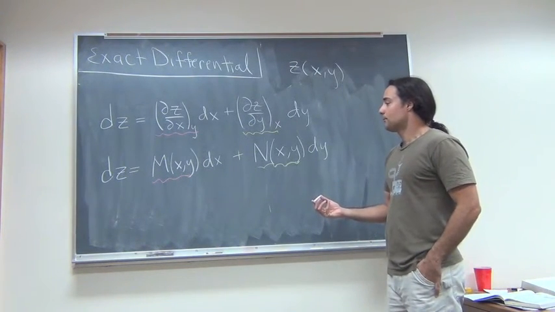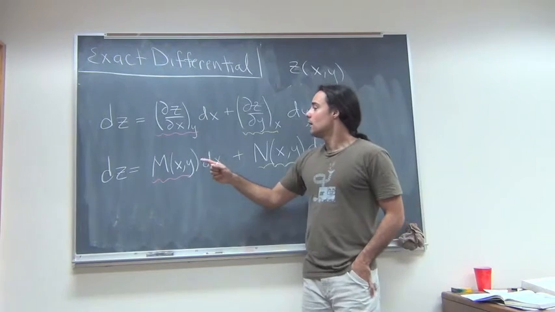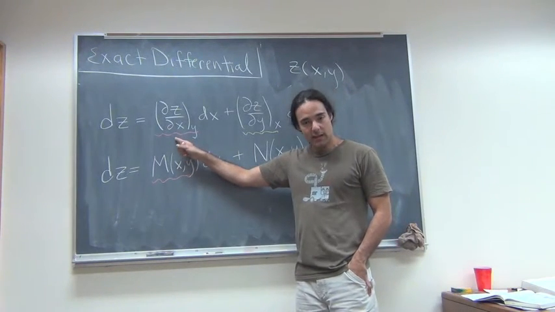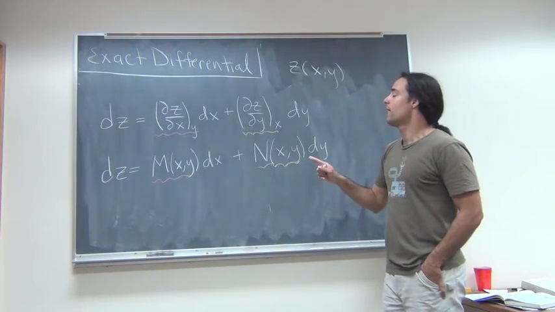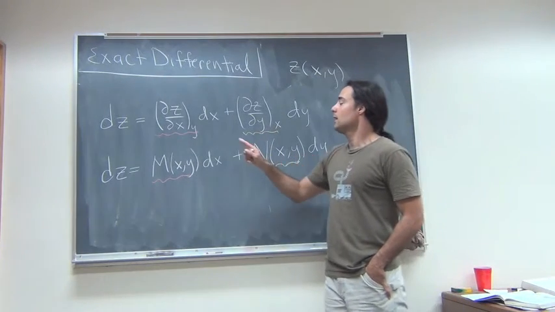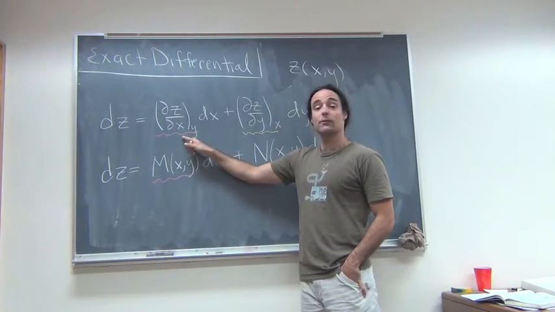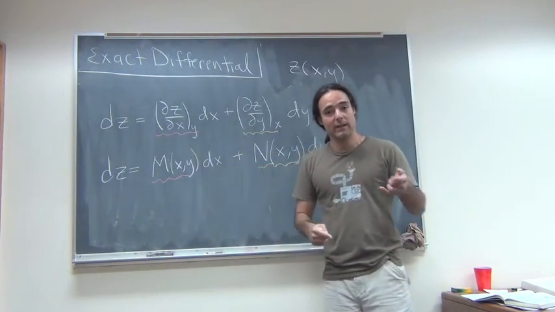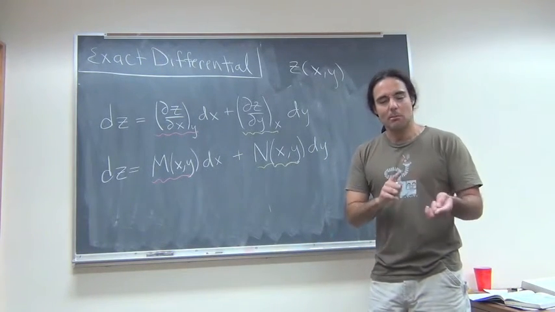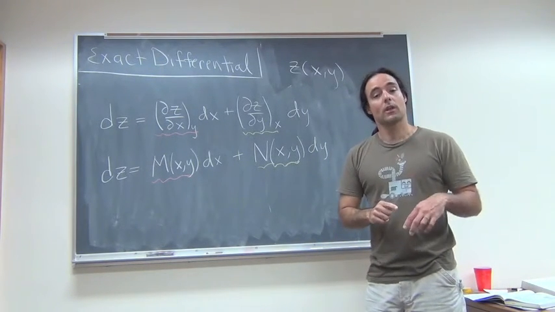So I do that. Now, we've just said that the partial derivatives, if I take a d by dx and then a d by dy, don't matter which order I do that in.